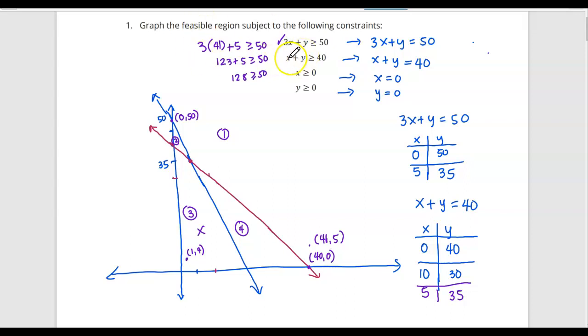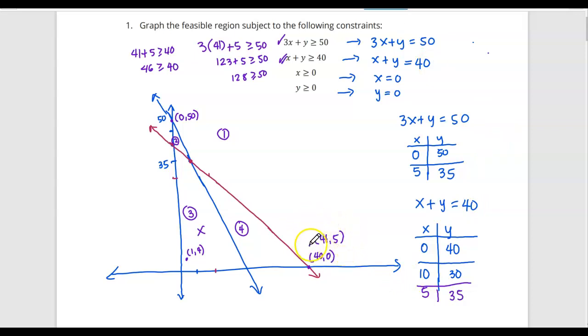Let's consider the second inequality. For x equal to 41, 41 plus 5, is that greater than or equal to 40? 41 plus 5 is 46, sorry. So you have 46 is greater than or equal to 40. Again, that is also satisfied on this inequality here.